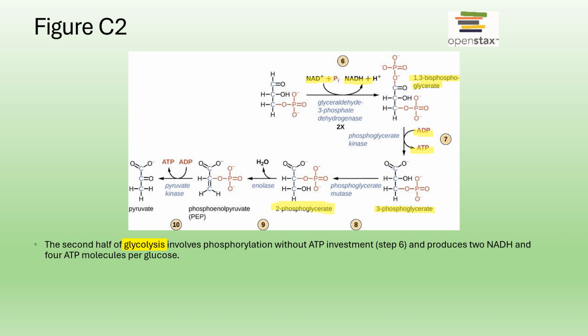You're going to have a water leave right here. And when you pull off that H2O, you are now left with phosphoenolpyruvate, and then you're going to take that last phosphate off, attach it to ADP, forming ATP, and you are left with pyruvate. So once again, everything that's highlighted is what you need to know.